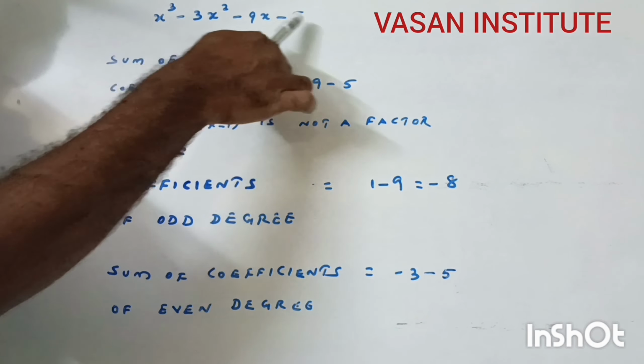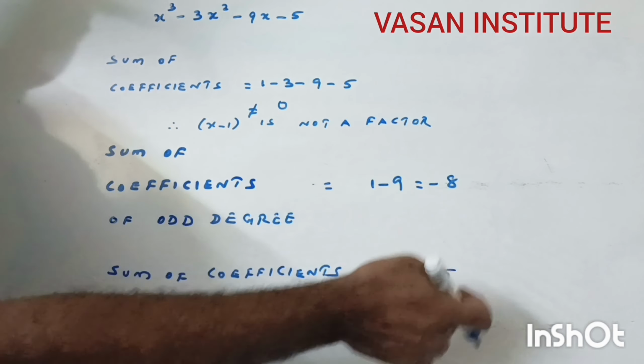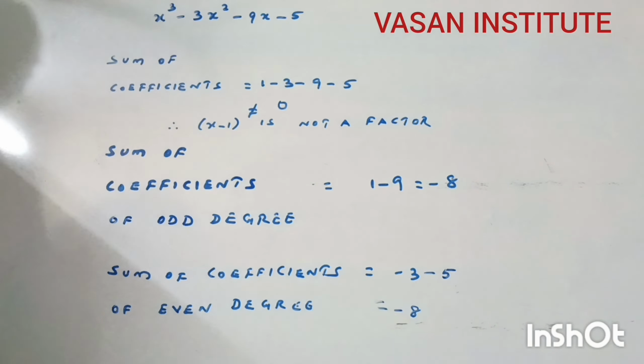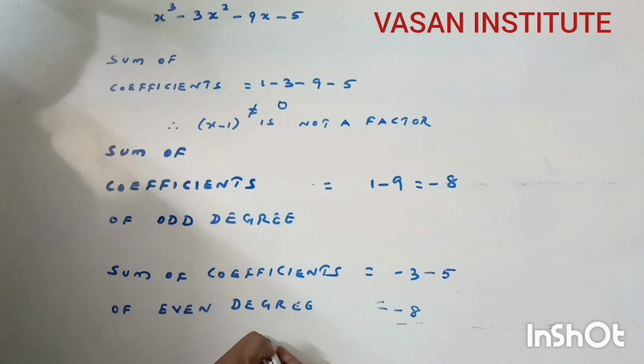Sum of odd degree equals sum of even degree. Therefore, write x plus 1 is a factor. If you put x equal to minus 1 here, you can get 0.